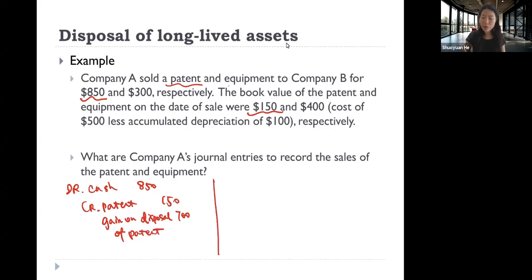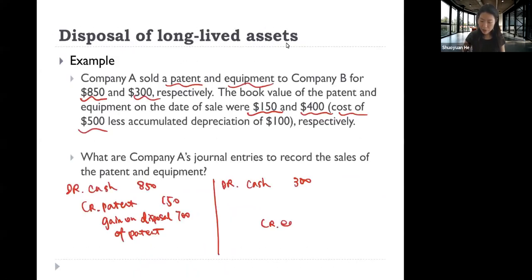And regarding the equipment, Company A gets $300. So we debit cash $300. And then the book value of the equipment is $400, which is cost $500 less cumulative depreciation of $100. So we credit equipment. We need to write off the equipment completely from its books.